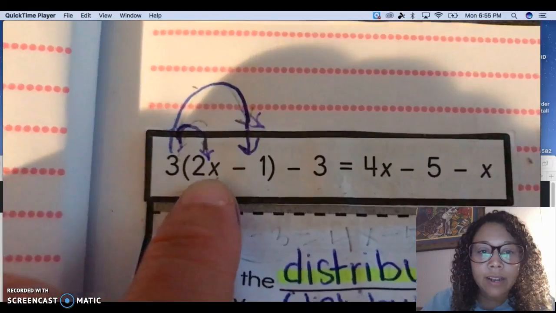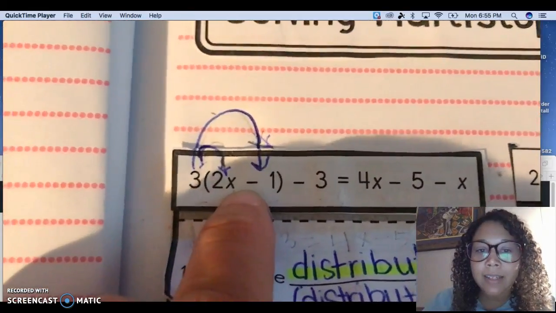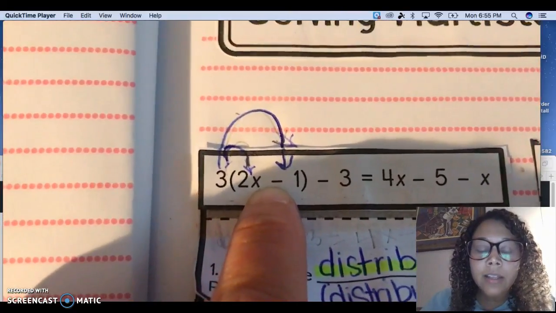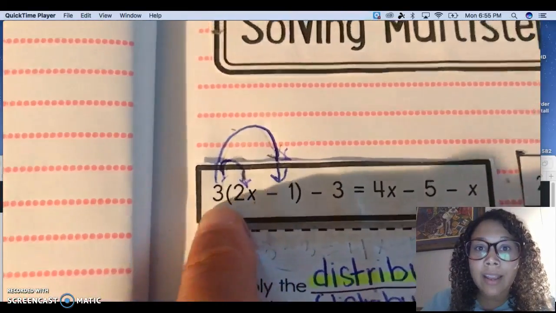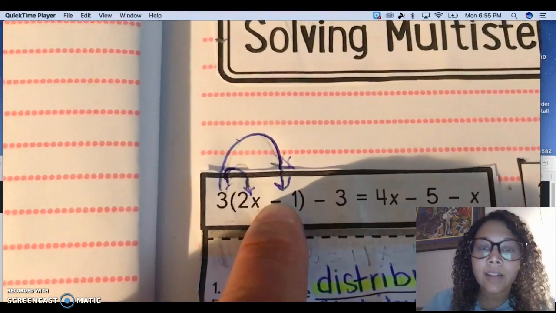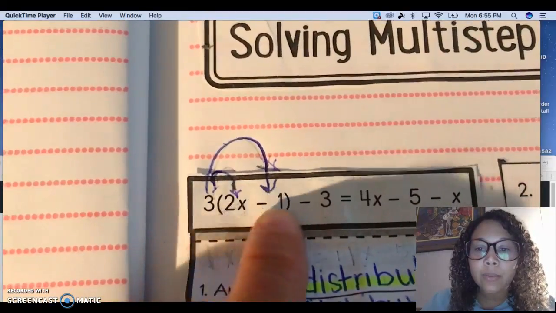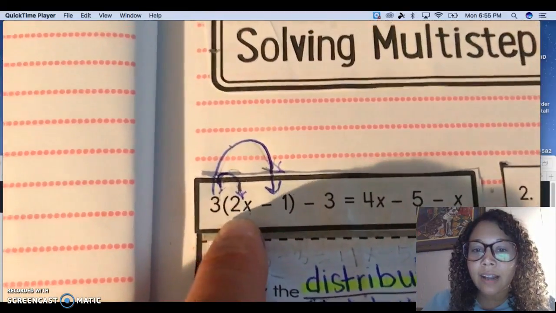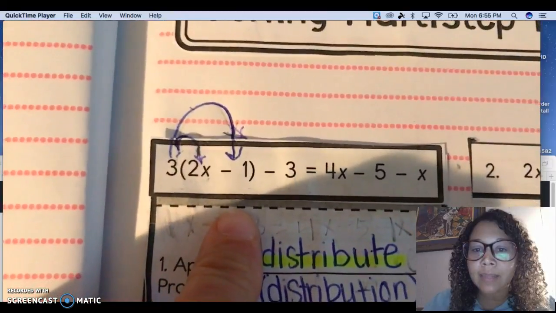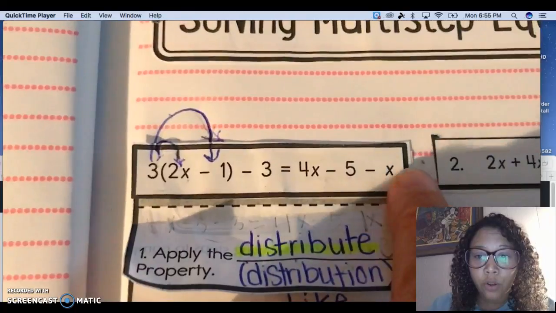So again, 3 times 2x is going to be 6x, and we're going to treat that minus sign as a negative number so that we can read that as 3 times negative 1. So obviously a positive times a negative is going to be a negative, so we're going to have a negative 3. And then we're just going to drop everything else down. That equals 4x minus 5 minus x is just going to follow through.